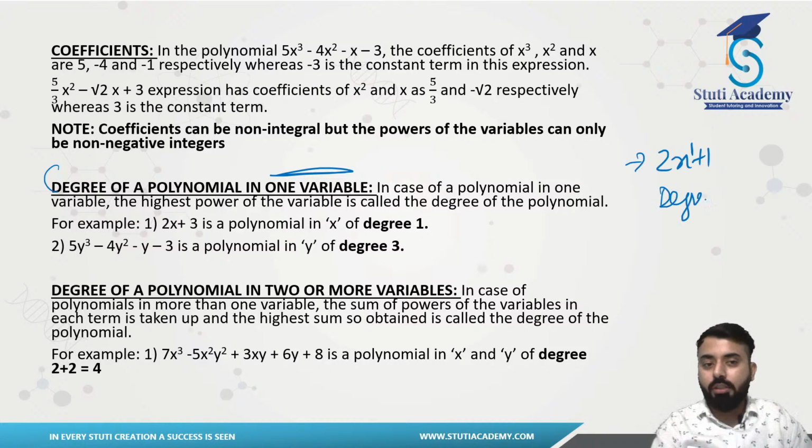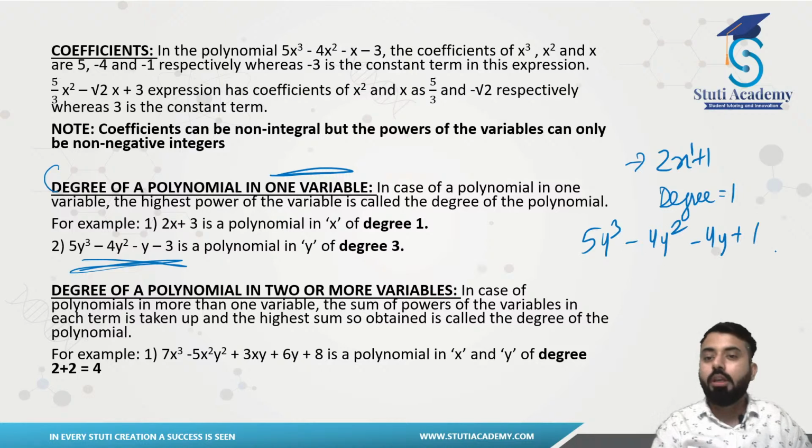So its degree is 1. Now if I have something like this, 5y³ minus 4y square minus 4y plus 1, or you can say y minus 3, whatever that is. If you want to find out the degree here, you have to look for the maximum power that the variable has. So you see, y is being raised to a maximum power of 3. So degree is the maximum power. It is 3. So you see, in our first case the degree was 1 and in the next case the degree was 3.